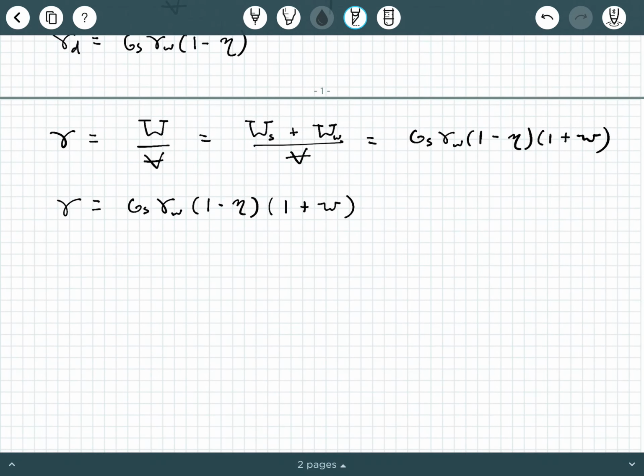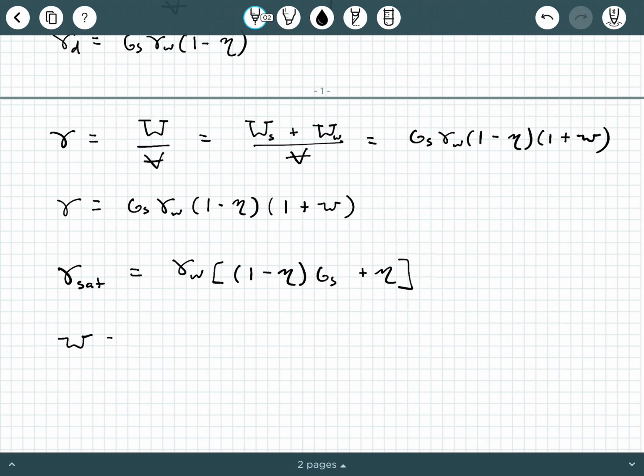And then continuing on, I can say gamma sat will equal gamma water times 1 minus, watch your parentheses here, 1 minus porosity times G sub S plus porosity. Again, there's some algebra embedded in there.